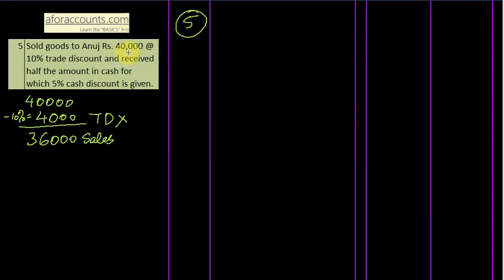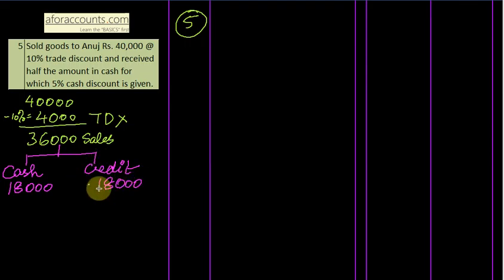For the bifurcation of 36,000, see, half of it is cash and half of it is credit. So cash, 36,000 divided by 2, 18,000, and credit, 18,000.